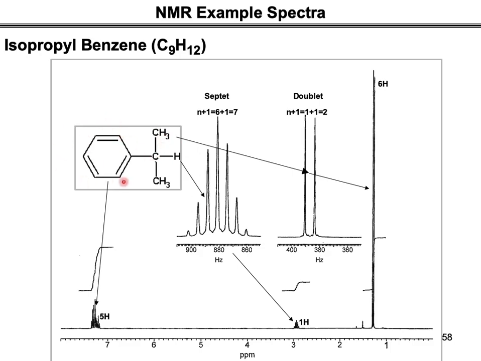And then this is the aromatic signal, which comes at 7.3. So how many signals? 1, 2, 3, right? The methyl signal is split into a doublet, this one is split into a septet, and this one is a singlet or multiplicity in the case of the aromatic.